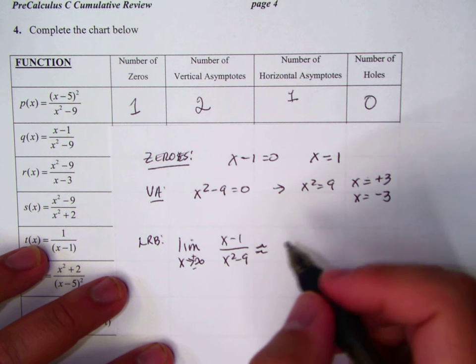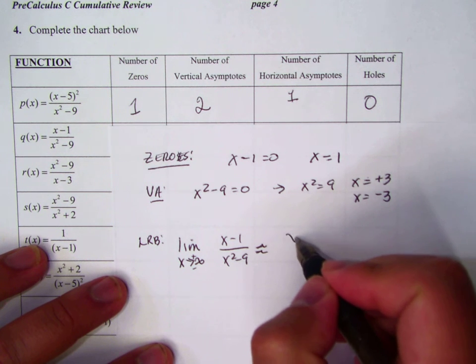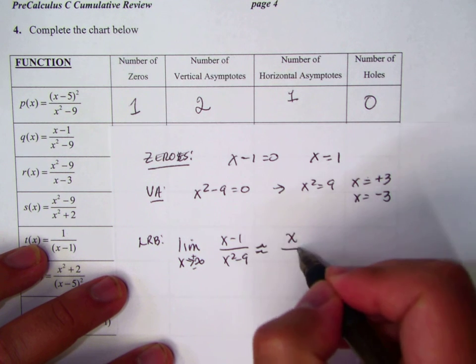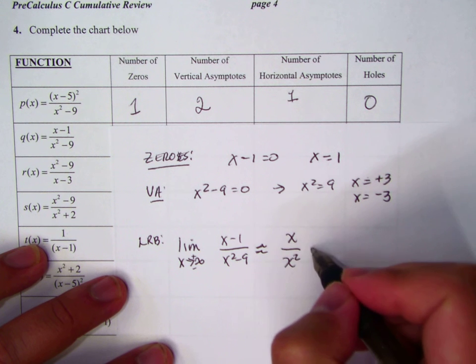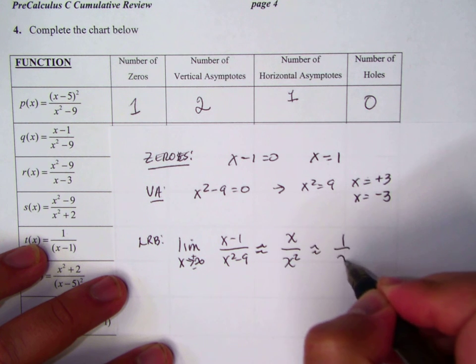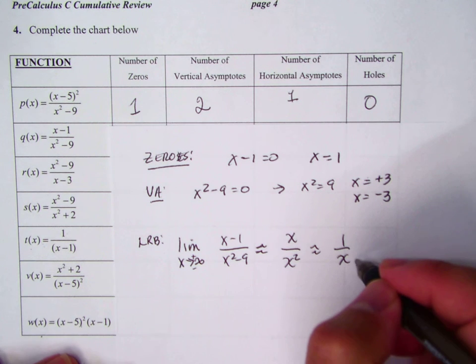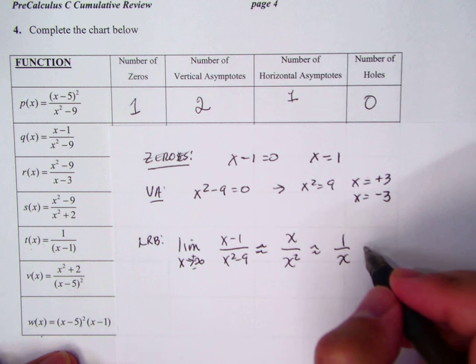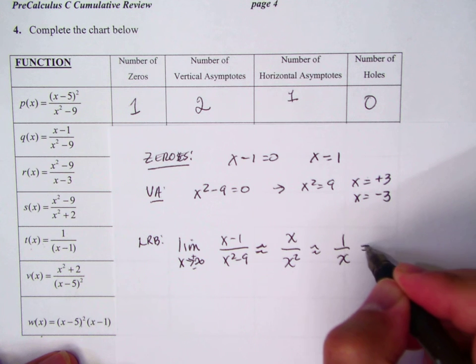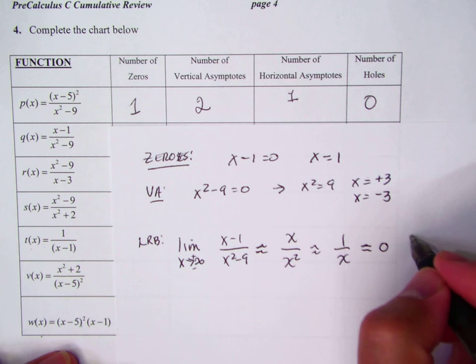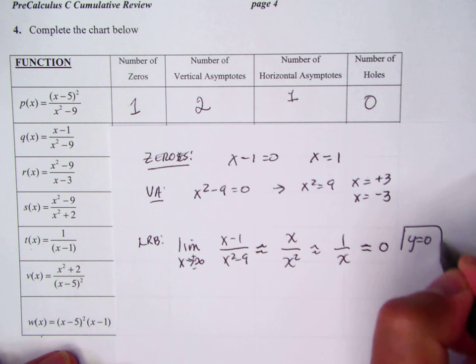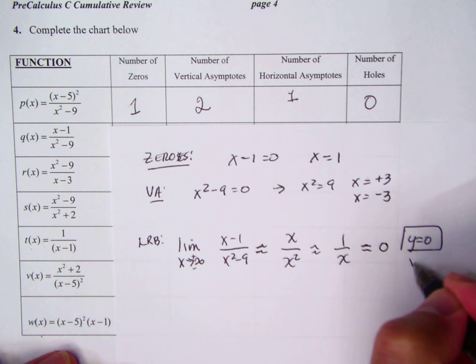As x gets very large, the top will approach just x, the bottom will approach x squared, which means the entire function ends up looking somewhat like the function 1 over x, and as x goes to infinity or negative infinity, this approaches 0, or the line y equals 0, which is the x-axis.